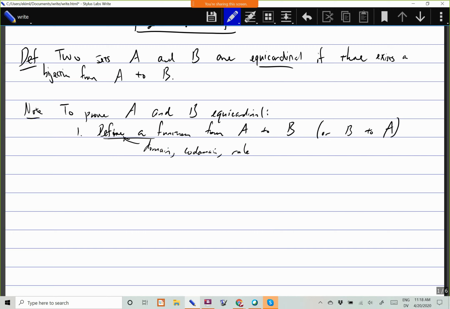The domain and codomain are almost given to you because you're usually given these two sets and you have to deal with them. One of those is the domain, one is the codomain. It's the rule that's hard to come up with. And the rule needs to be good because once you define the rule properly, then you need to prove that this function is bijective, meaning prove that the function is injective and surjective. So the rule part is challenging. I have to admit that. The rule is challenging to come up with.